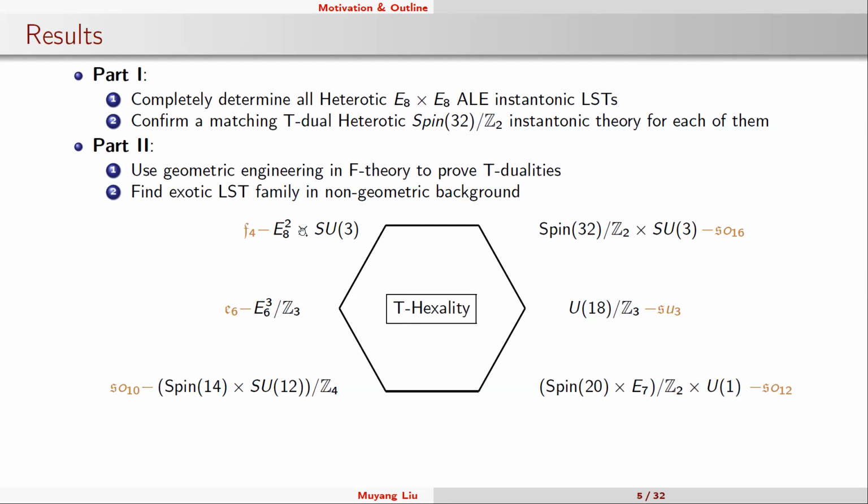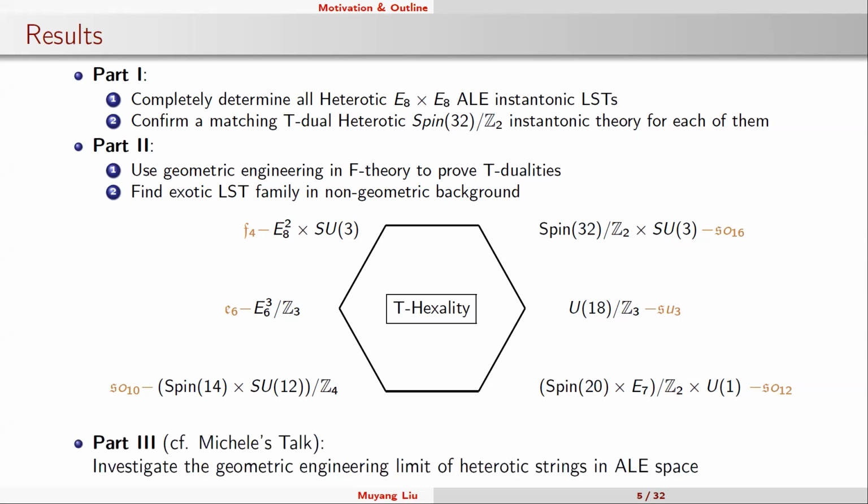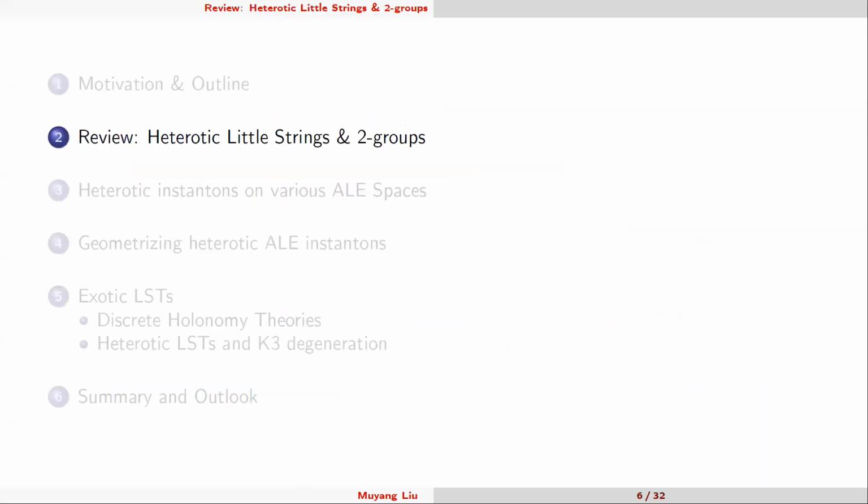Here I used the black font to indicate the types of flavor groups, and I used the brown color to indicate the types of singularity they are probing. They all pass the T-multi-duality conditions I proposed with the 2-group structures.